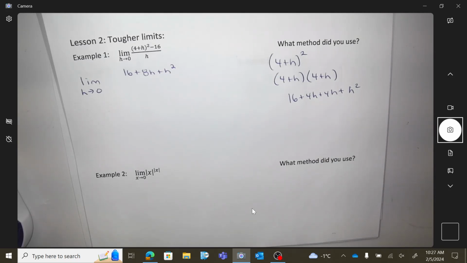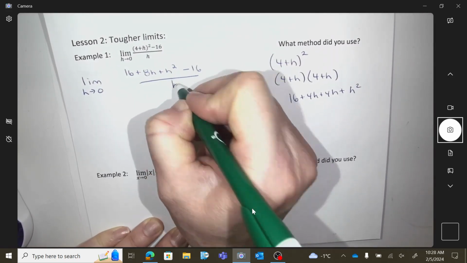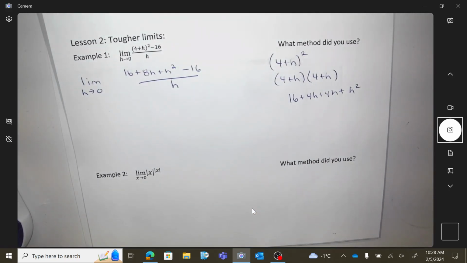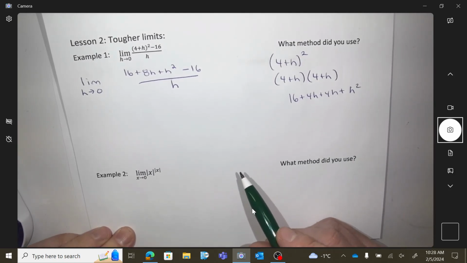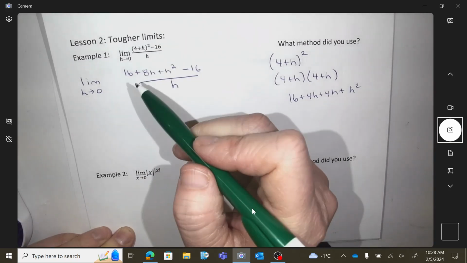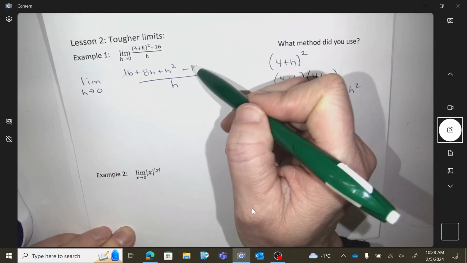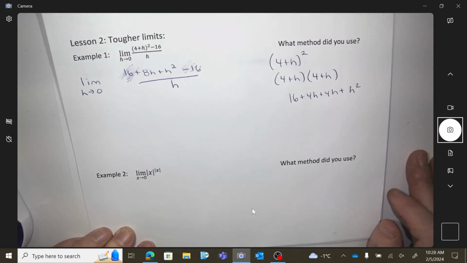I squared it. Now what? What do you see would work? What could you do next with this? What about 16 subtract 16? Would that help us? That's gone.